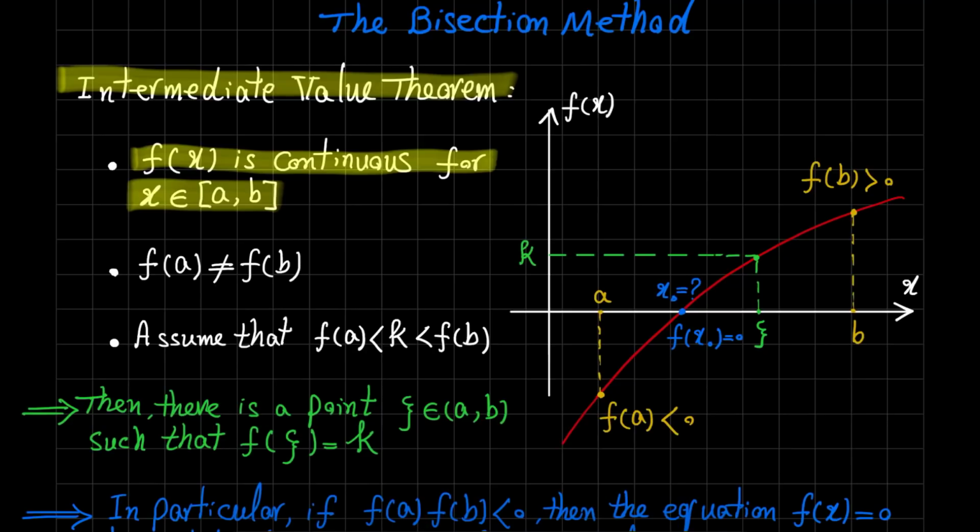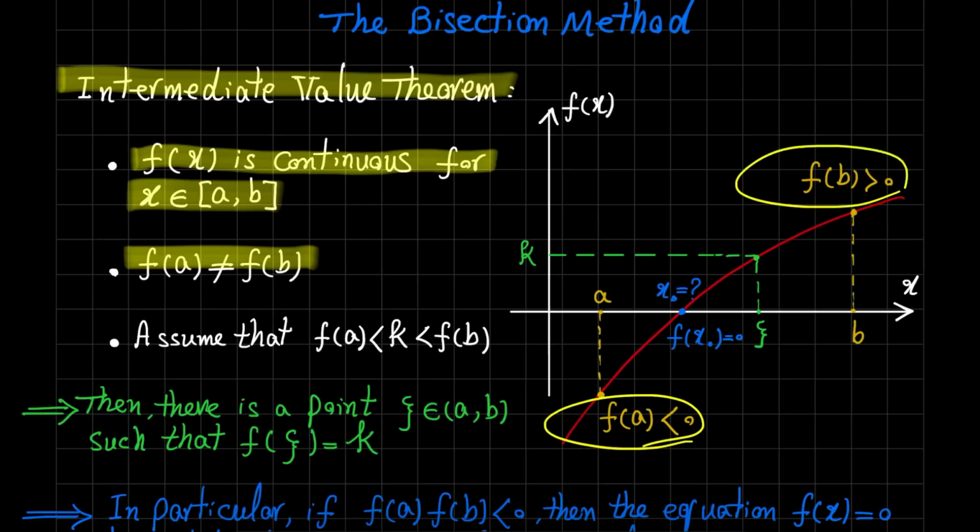So that's the first assumption. Also, the second assumption in this theorem is that f(a) is not equal to f(b). So here you see f(a) and here f(b). So they are not equal.